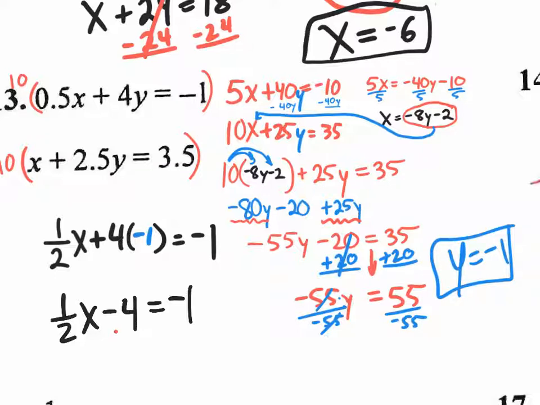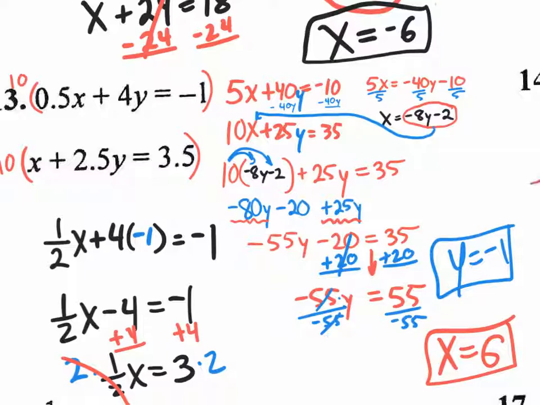And you get rid of that minus 4 by going plus 4, plus 4. So my new equation is 1/2 x equals 3. Final step would be to multiply both sides by 2. And that will give you 1x equals 6.